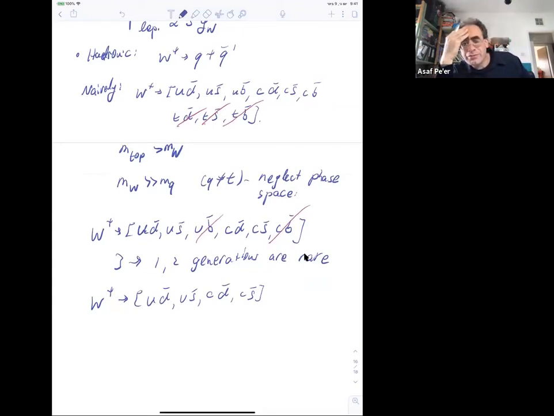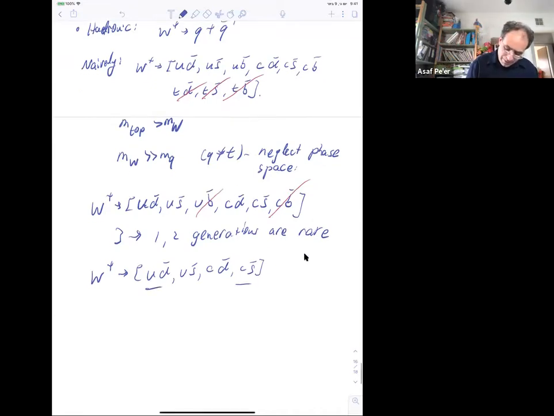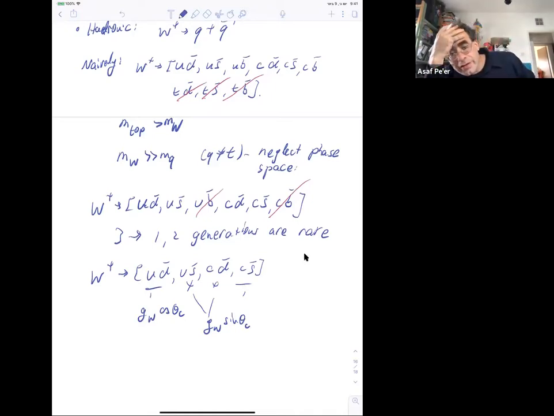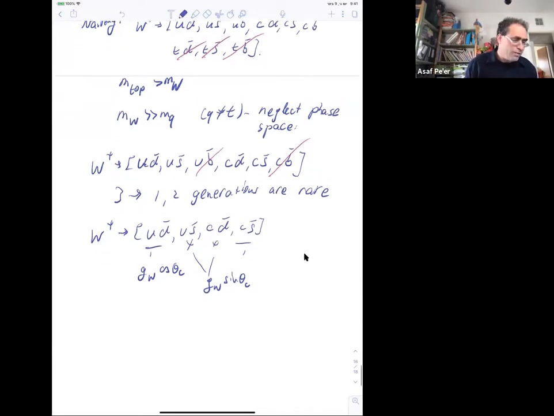So we have 2 decays for the same generation. This is the same generation, this is the same generation. So the coupling constant is G weak cosine theta Cabibbo. And we have the 2 mixed generations, and of course, the coupling constant is G weak sine theta Cabibbo. But we do have to remember that each of these quarks has 3 color charges, so we have to multiply by 3.